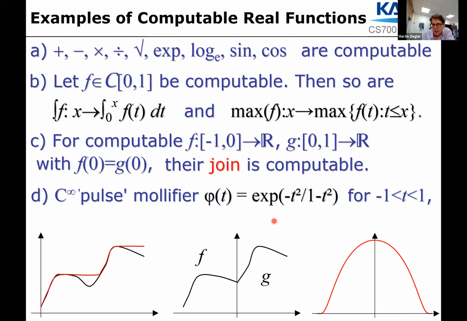Here you see a picture of this function. The statement says that this is a computable function, and we will use that frequently in the sequel to construct counterexamples. So we use positive examples, namely the computability of this modifier, to construct uncomputable functions as counterexamples.